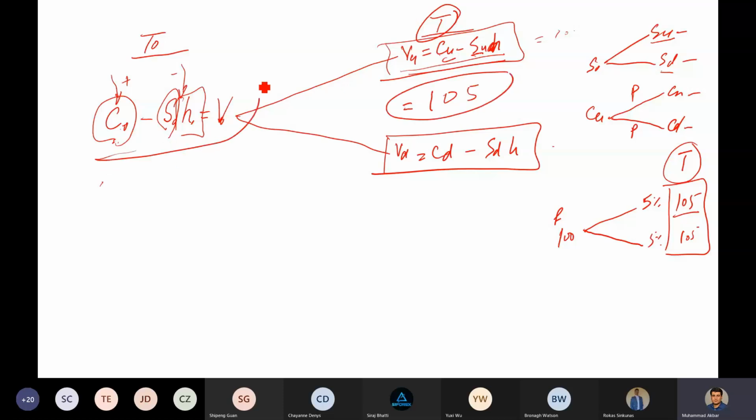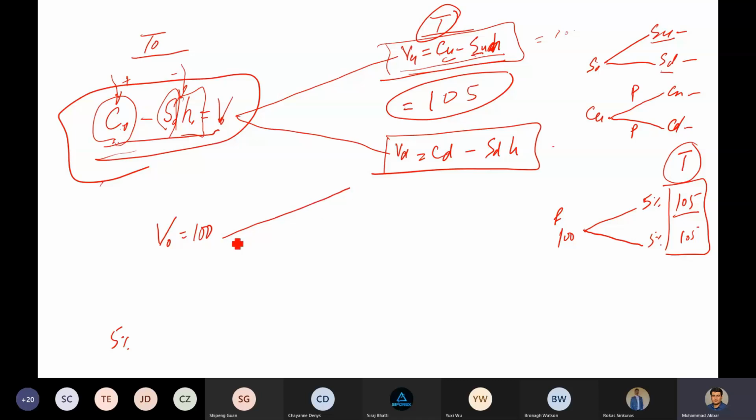So when you create this portfolio, you already know how much value you will have. Let's suppose your portfolio is V naught and the current risk-free rate is 5%. If you are investing $100 in this portfolio, you know that in future your portfolio will be worth 105 no matter whether the stock price goes up or down.